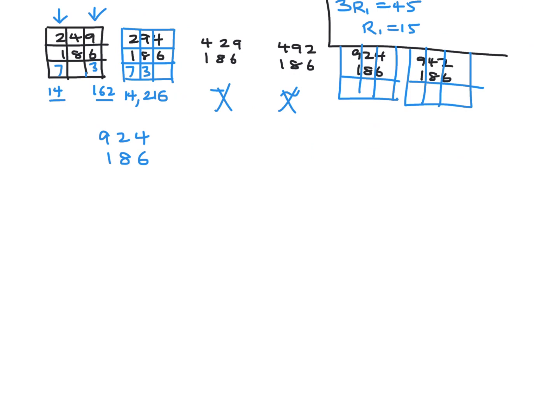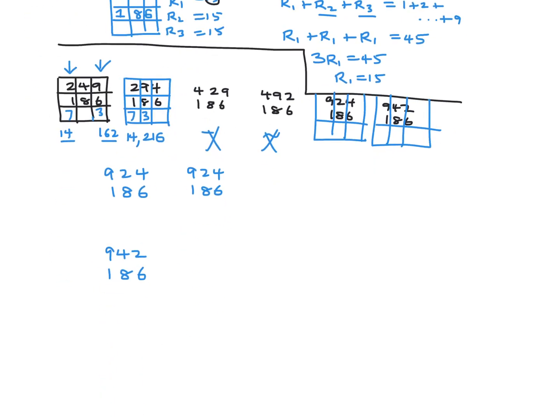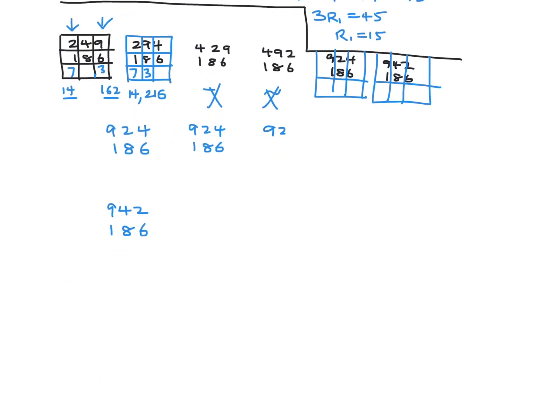And then we have the 942 and the 186. So these are our final candidates here. And since we have to put 3, 5, 7, right? These guys, there's not that many of them, so we can just sort of do it manually. And let's see what happens.